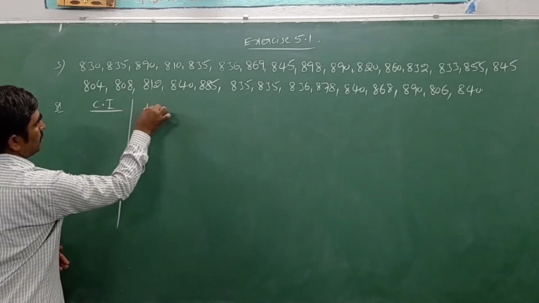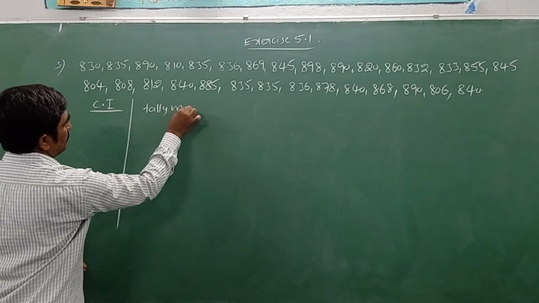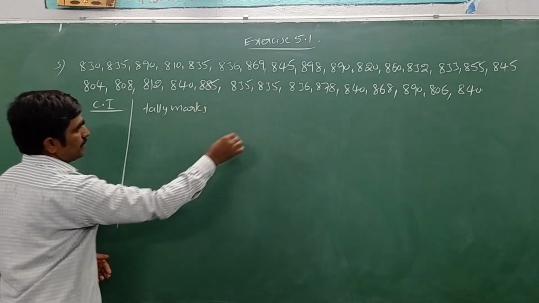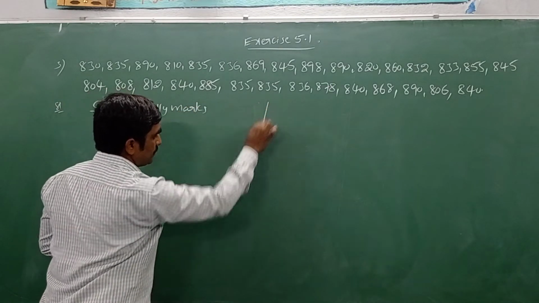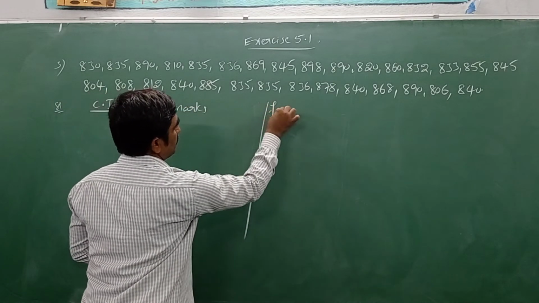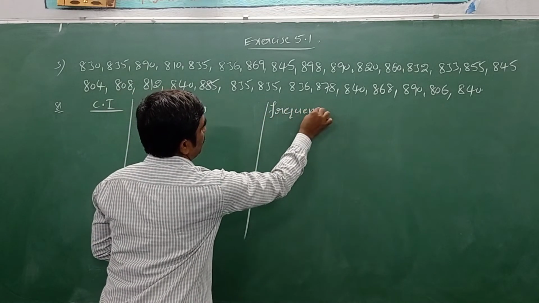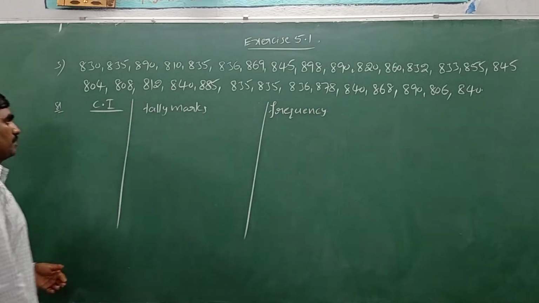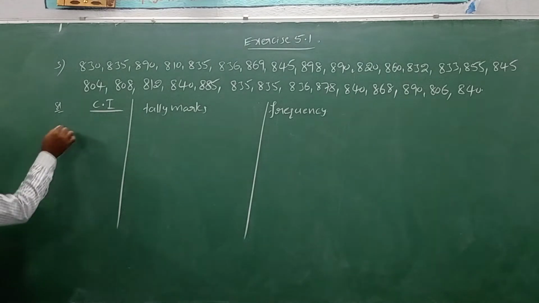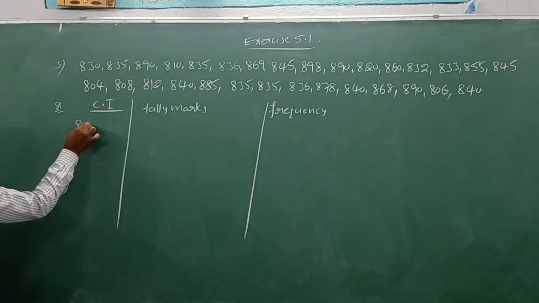Then we take the tally marks. After the tally marks, we'll write the frequency. Now see here, the class intervals in the question itself start from 800.